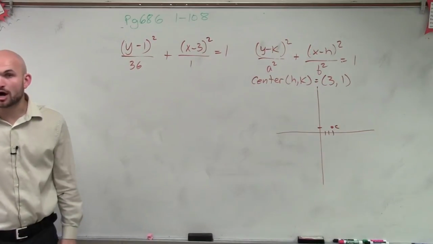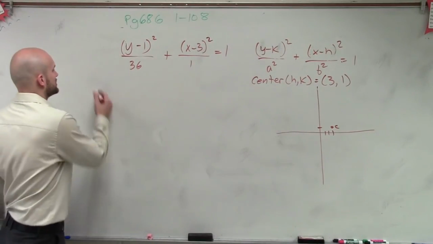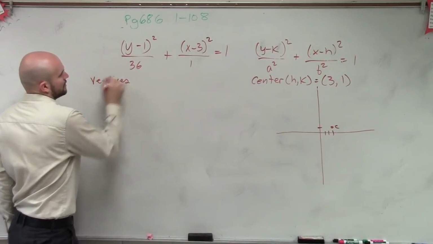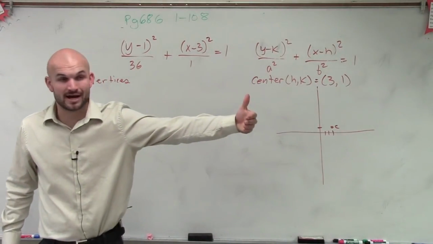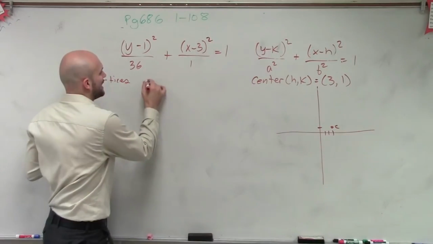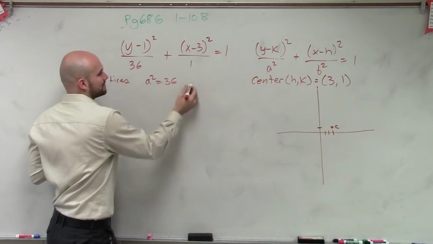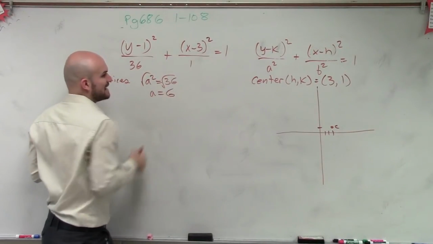Now we need to determine our vertices. All right? So let's find the main vertices. The vertices, remember, are going to be a distance of A from the center. So if we know A squared equals 36, then we can say A equals 6.